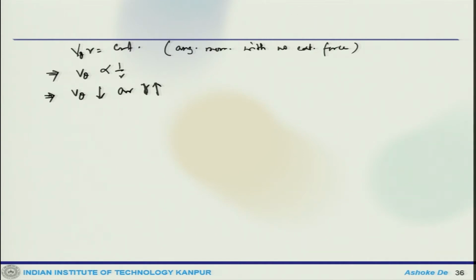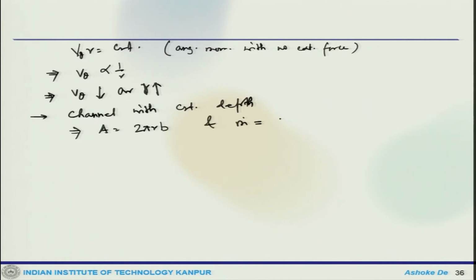Now, consider the flow passage in a channel with constant depth. So, what would be the area then? Area would be 2 pi r B, and the mass flow rate would be m dot is rho A V r. So, one can write 2 pi r B, that is area, rho V r.